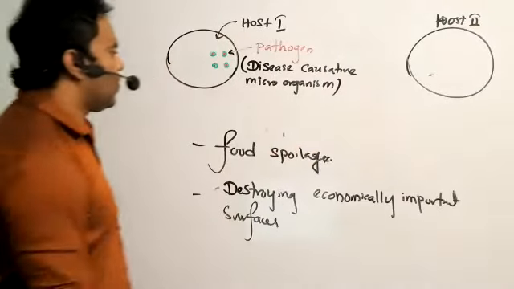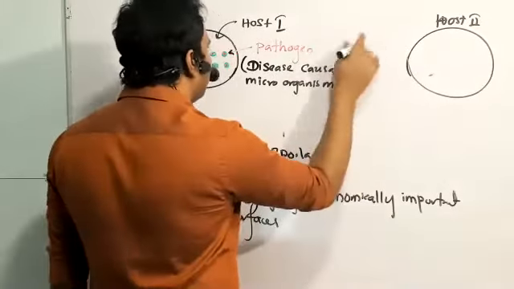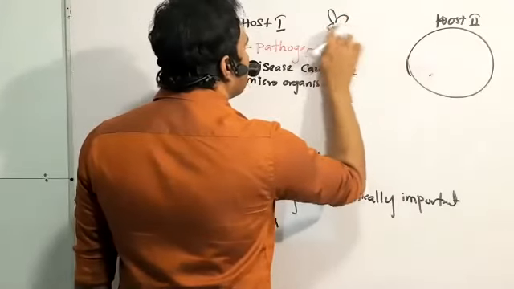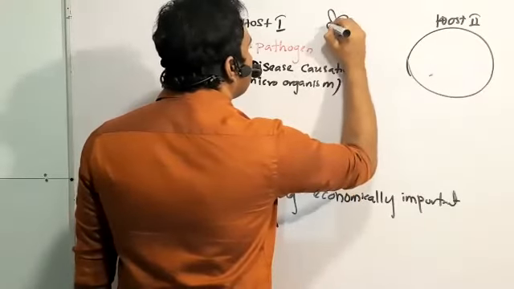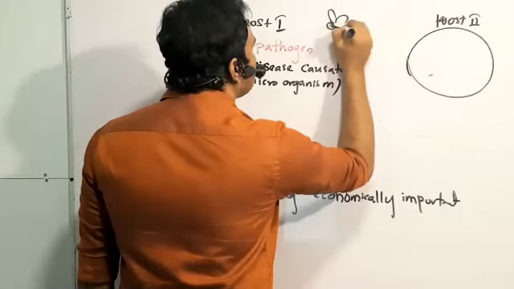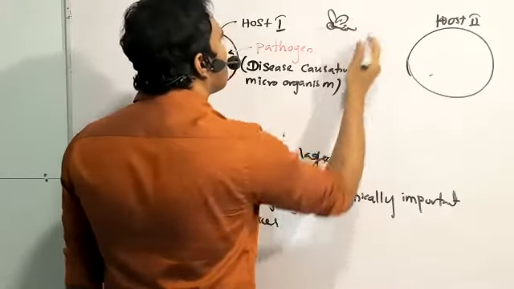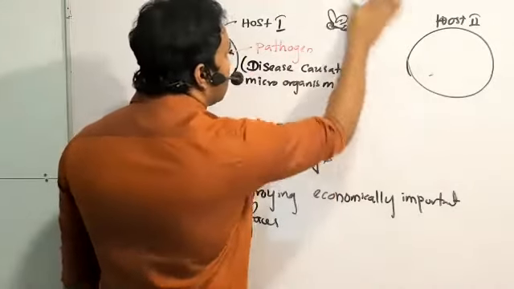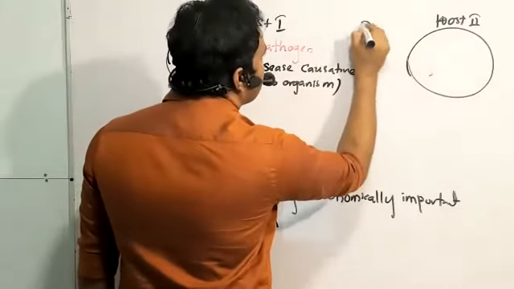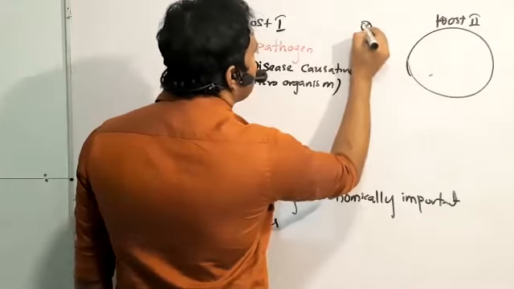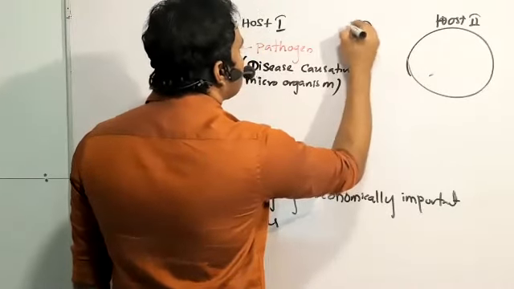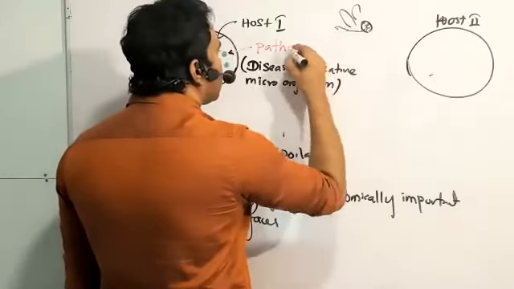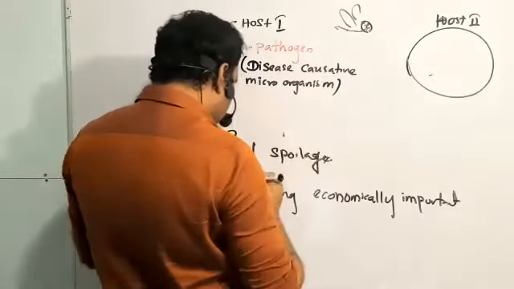A mosquito-like organism or house flies. The housefly is bringing it over. Okay, so it carries this disease causative microorganism.